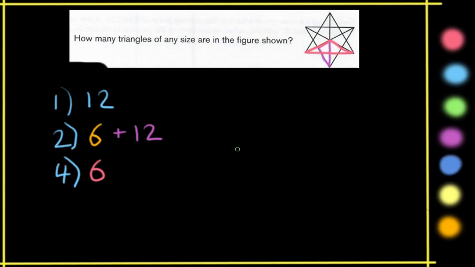Is there any other way we can combine 4 cells to make a triangle? Yeah, there are. So these triangles are all pointing inward. They're kind of like arrows pointing into the center.